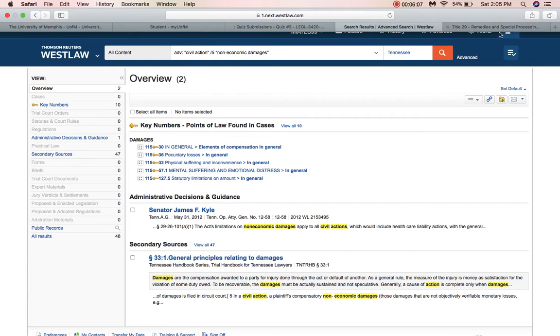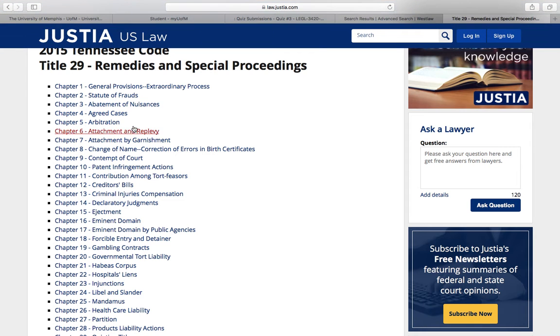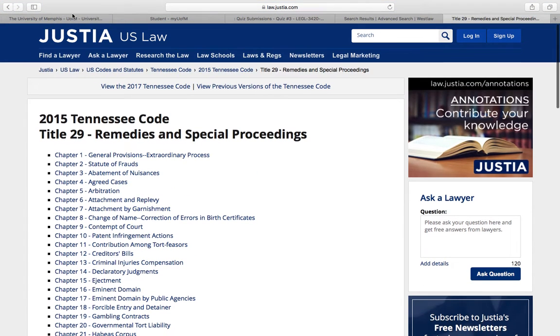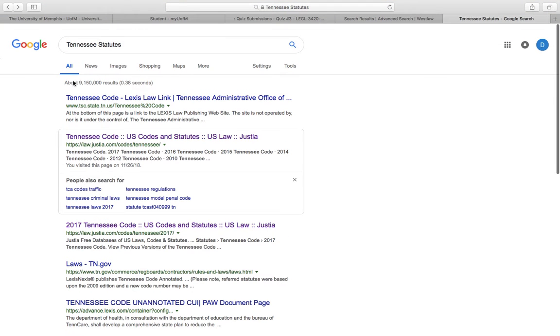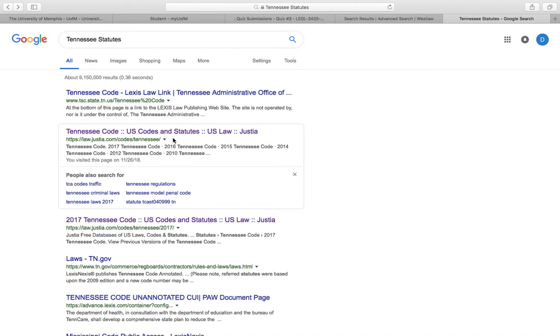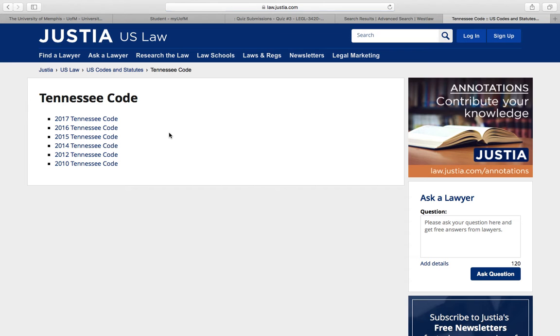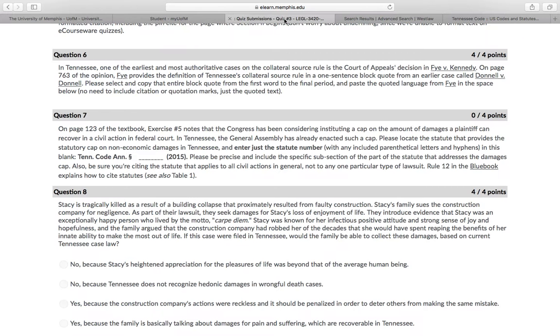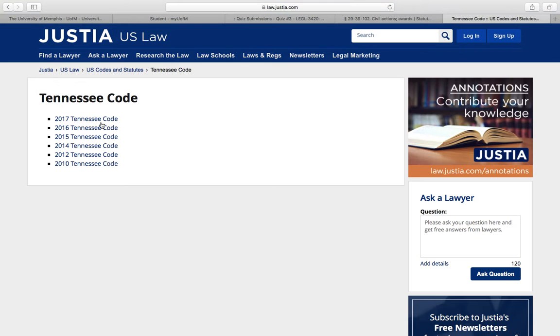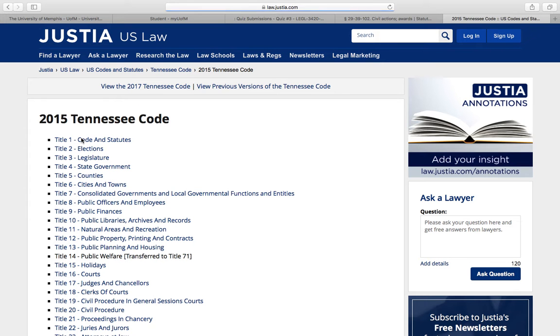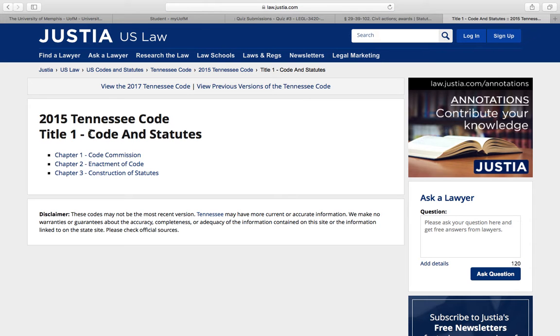So I also decided to go on a Google search and look up Tennessee statutes. Of course, it brought me to Justia. Because I found the statute 29-39-102 but it was in 2012, I decided to go to the 2015 Tennessee Code and statute.